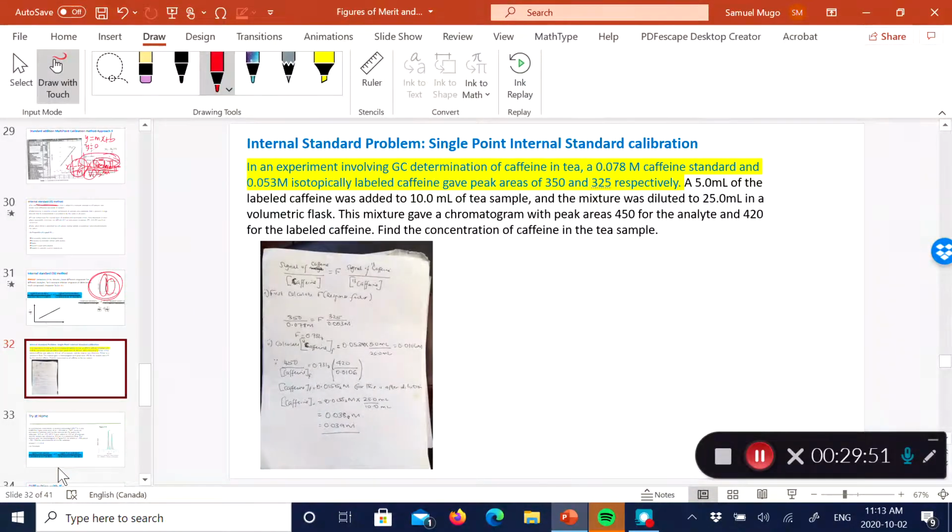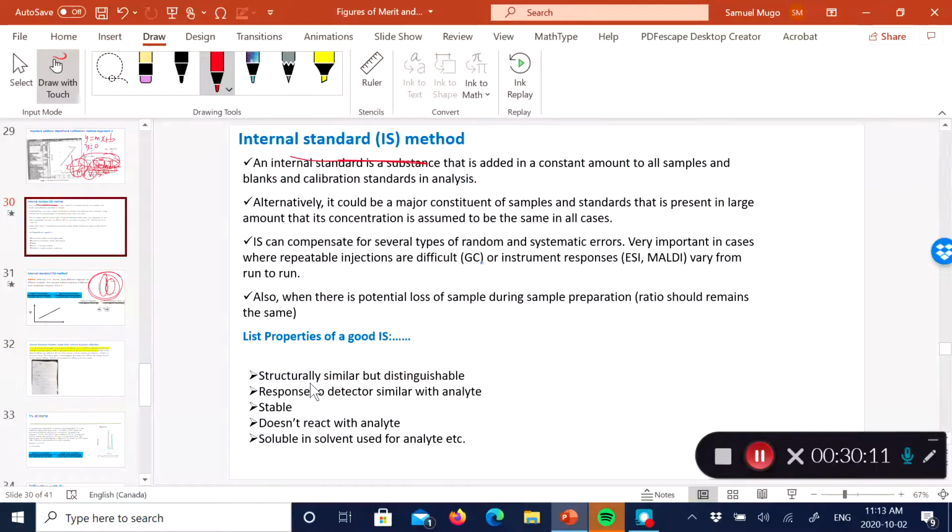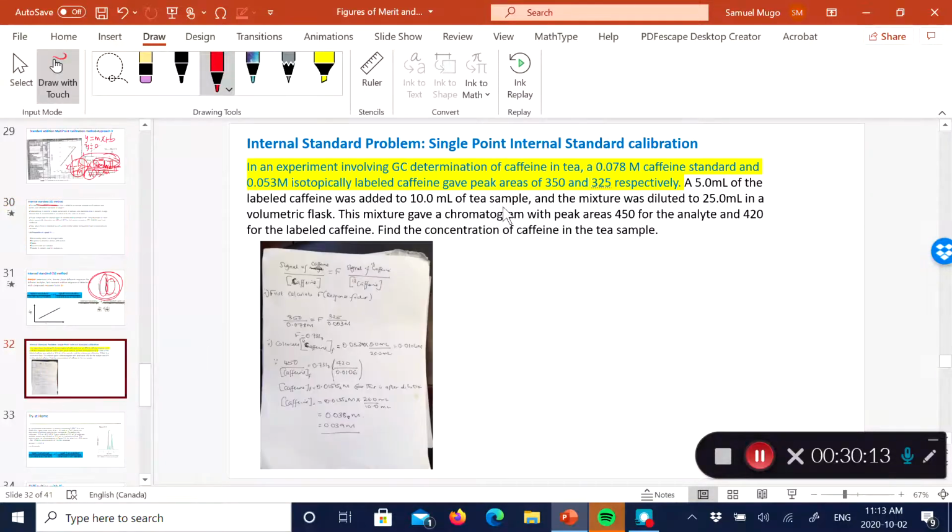Assume you've been asked to analyze caffeine in tea. So you prepare a caffeine standard. This is natural caffeine, and then you spike it with an internal standard. Now, the best internal standard that has all the features we talked about is typically an isotopic label of that particular compound.